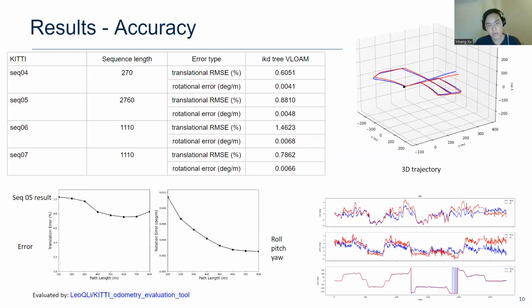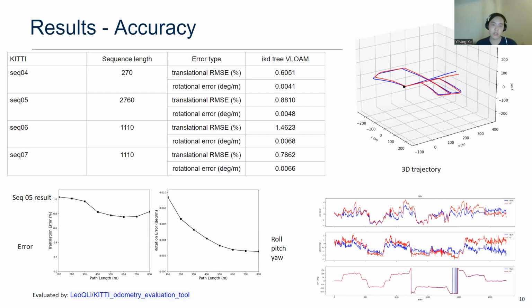So as a result, we tested our ikd V-LOAM algorithm on 4 sequences of the KITTI dataset. Well, it works pretty decently from the smallest dataset to the largest one. As evaluation, the trajectory plot, error, and roll pitch yaw figures are shown here.